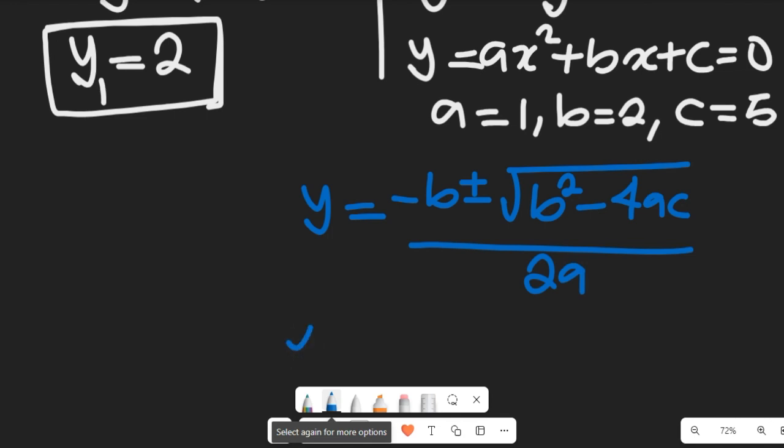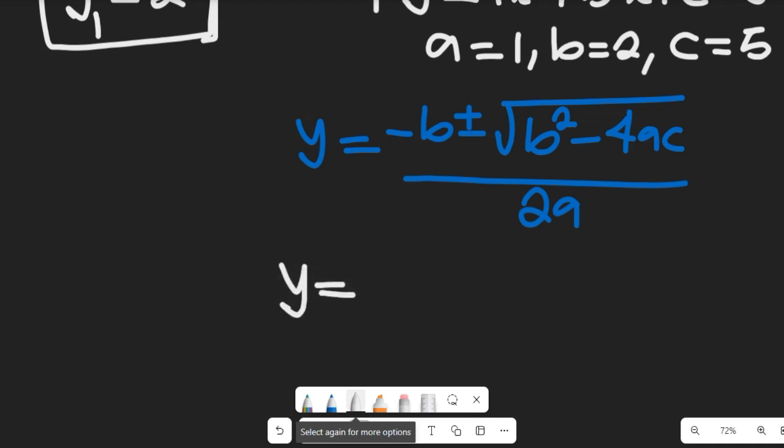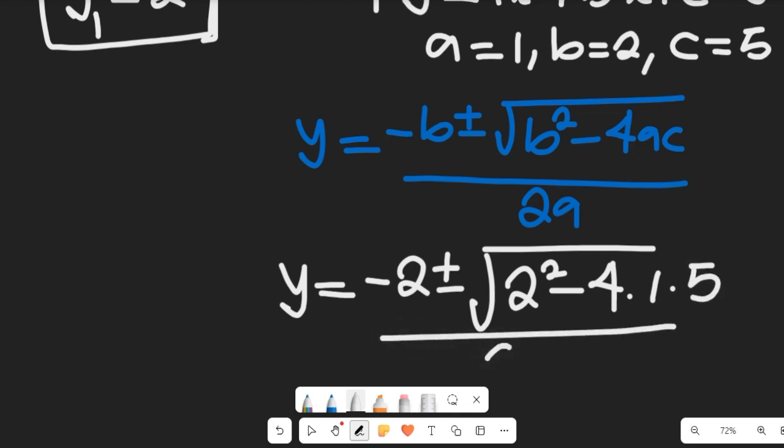So the value of y will be equal to negative 2 plus or minus the square root of 2 squared minus 4 multiplied by 1 multiplied by 5, and all of this will be divided by 2 multiplied by 1.